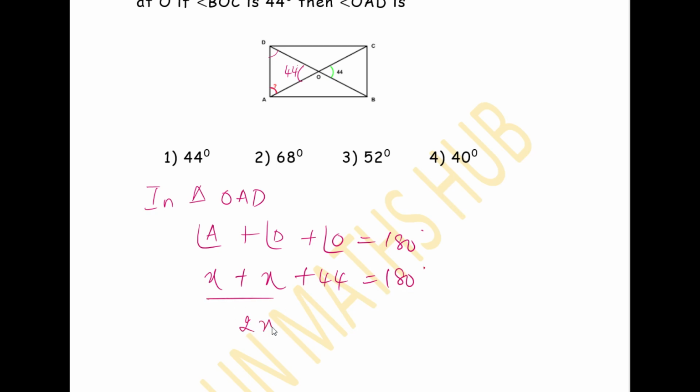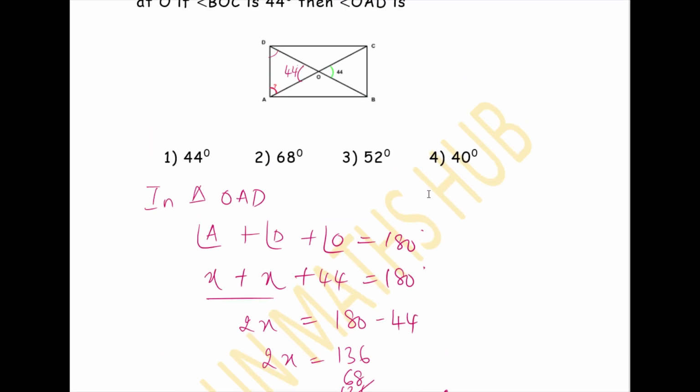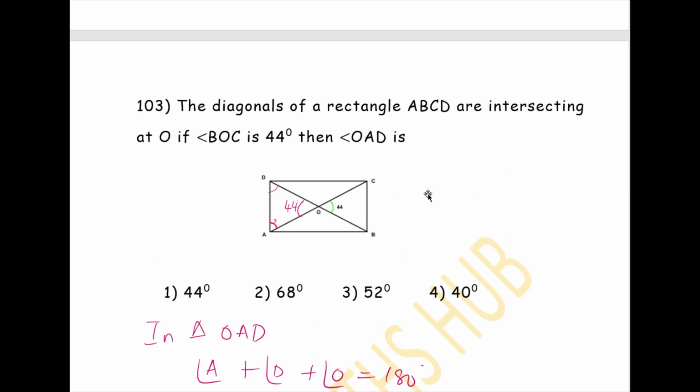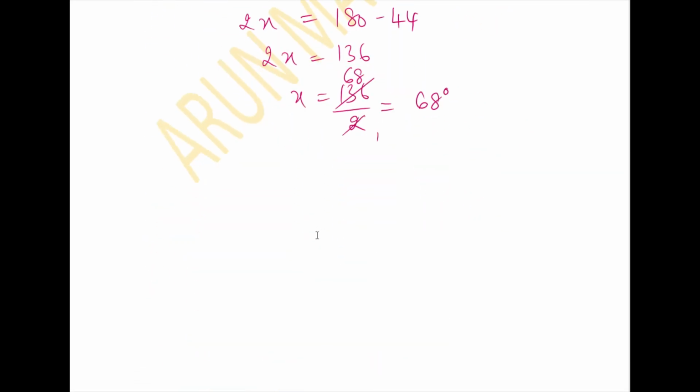Now X plus X is 2X, which is equal to 180 minus 44 degree. 2X equals 180 minus 44 is 136 degree. Now X equals 136 degree by 2. We get 68 degree. Therefore X equals 68 degree. Therefore angle OAD is 68 degree. Therefore the correct answer is option 2, 68 degree.